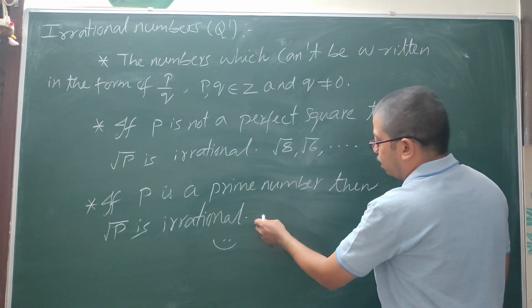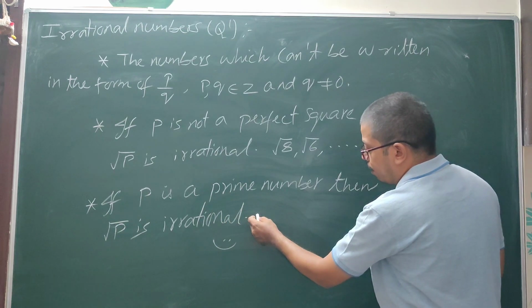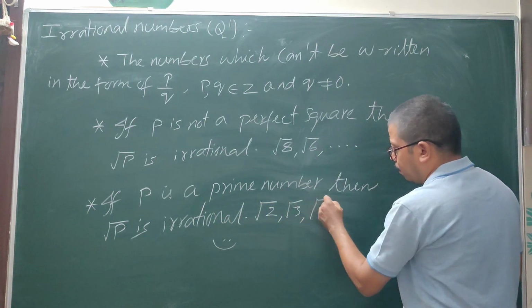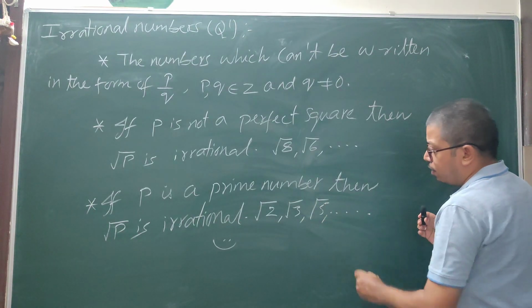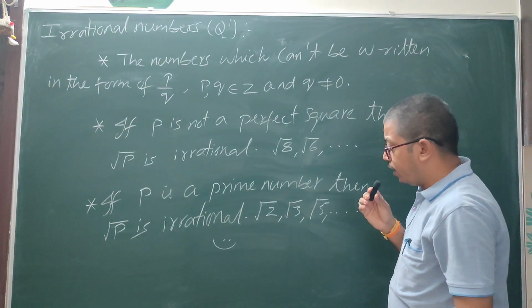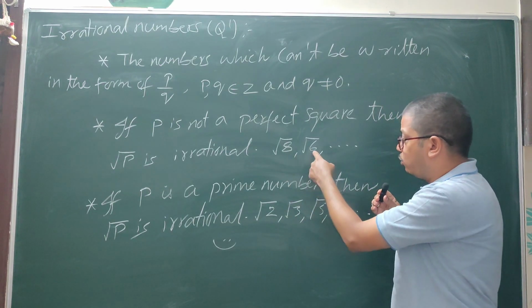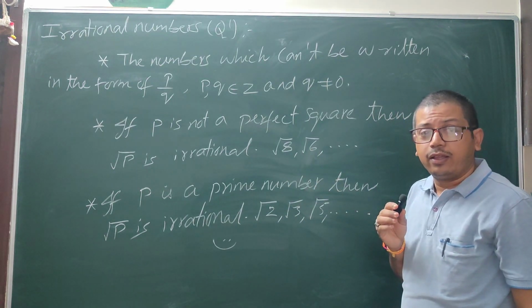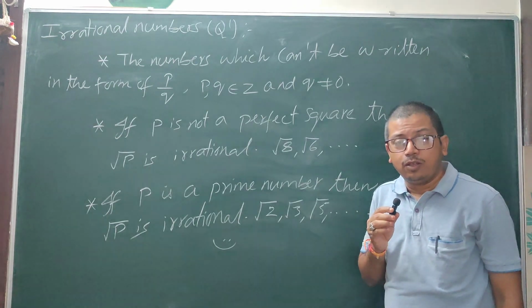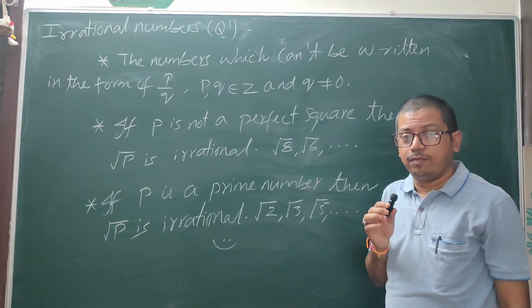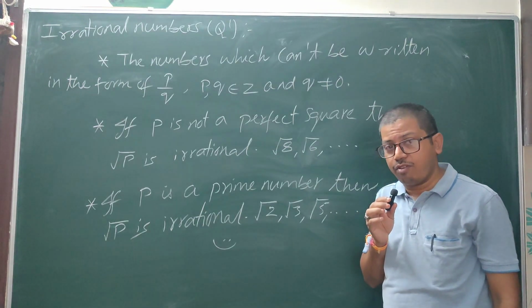Of course, we can take here if p is a prime, root 2, root 3, root 5 and so on. Root 2, root 3, root 8, root 5, root 6 and so on are irrational numbers here.